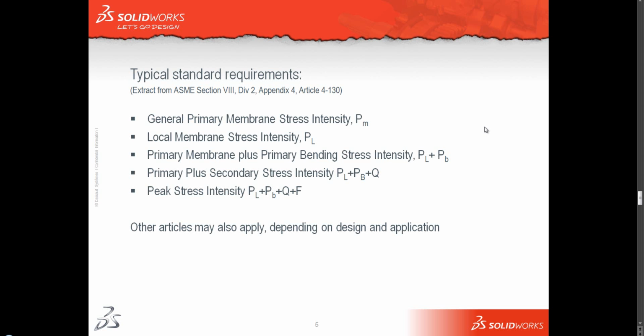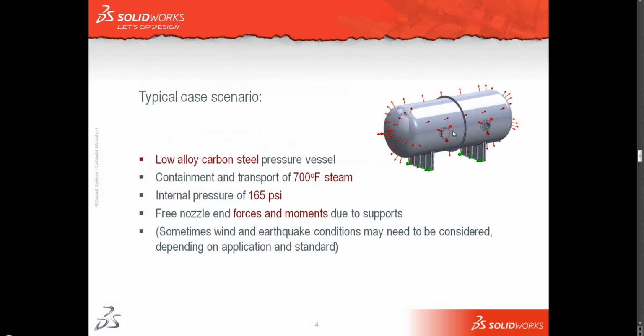Just while we are there, I'll flip back and illustrate: the general primary membrane stress intensity acts in these large open areas where we haven't got any other features, whereas the local membrane stress intensity tends to be around these areas where, say for example, we've got changes in curvature as we reach the dome section, or around the nozzles, or around this reinforcement.